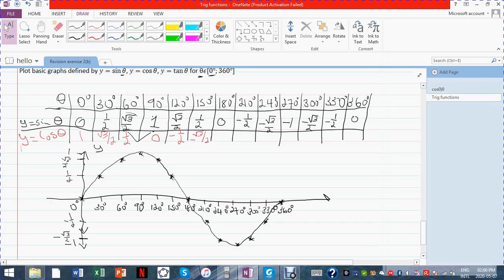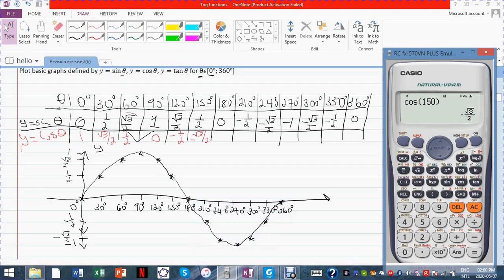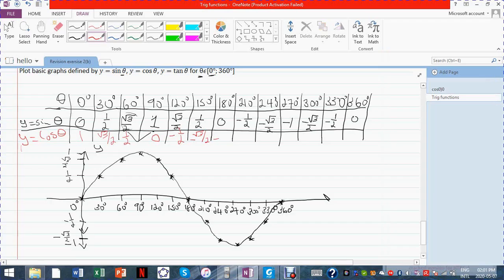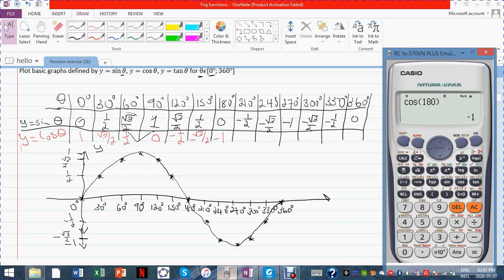And then what about cos of 180? Cos of 180 gives us negative 1, sorry, not negative half, negative 1.